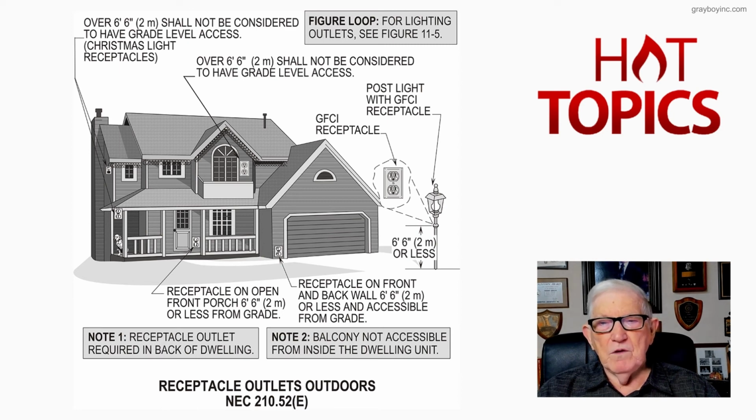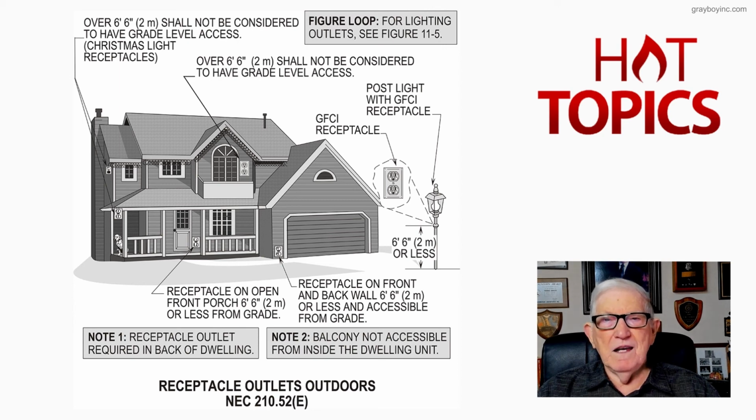And then you're reviewing 210.11C4 and exception 1 for the 20 amp circuit brought to the garage, and then the exception 1 allowing you to supply that outside receptacle by the garage door there that you see.